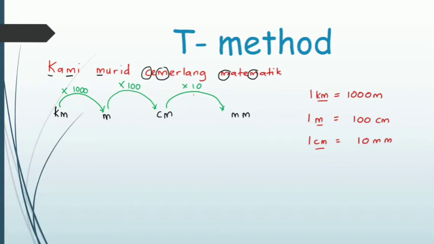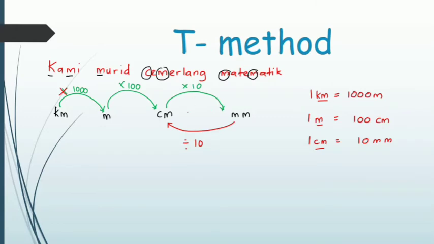Okay class, now listen. When we convert the biggest unit to the smallest unit, we are going to do times. So how about from small unit to biggest unit? Yes, of course, from small unit to the biggest unit, we are going to divide. From millimeter to centimeter, we are going to divide 10.